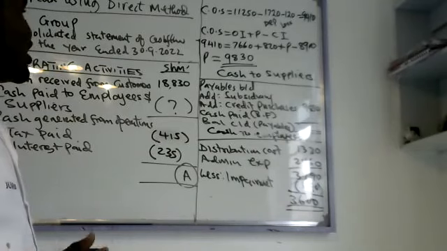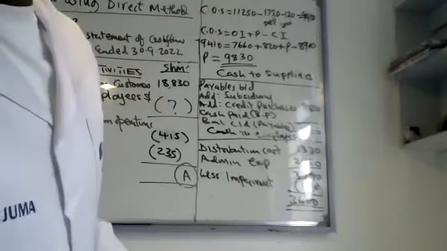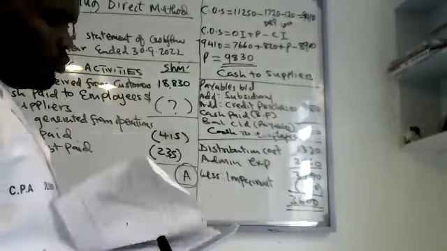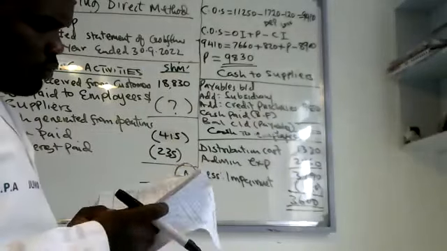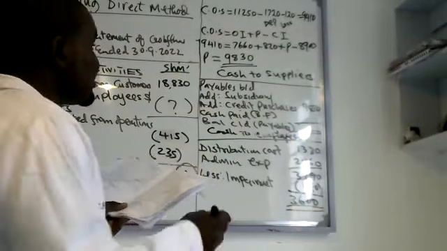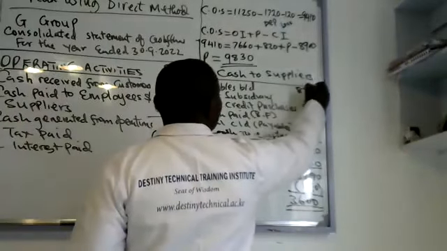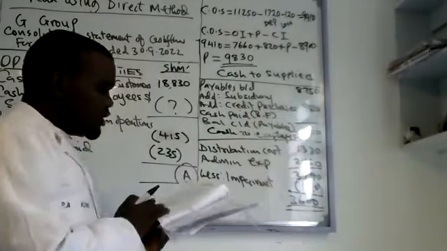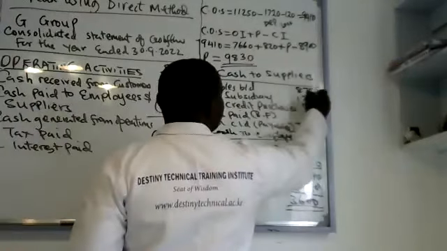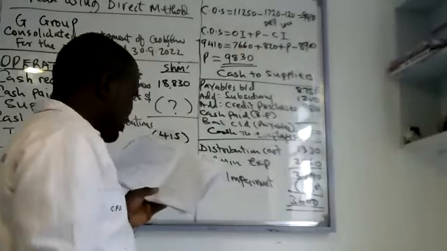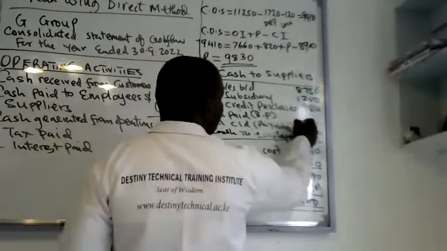So, good. Let's fix those figures. Chop, chop. So, payables down there, 8750. Subsidiary, the other side, came with 12. Check the other side. Current down payables, 9790.